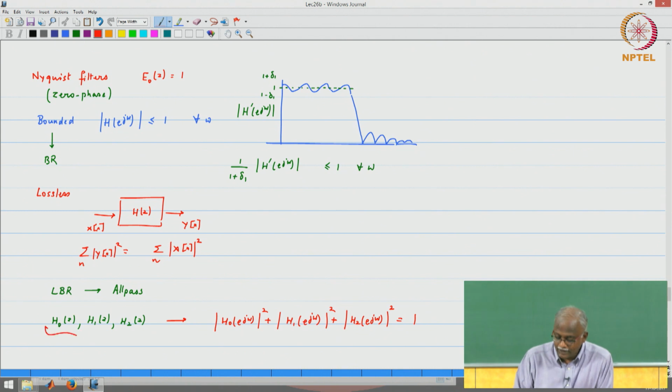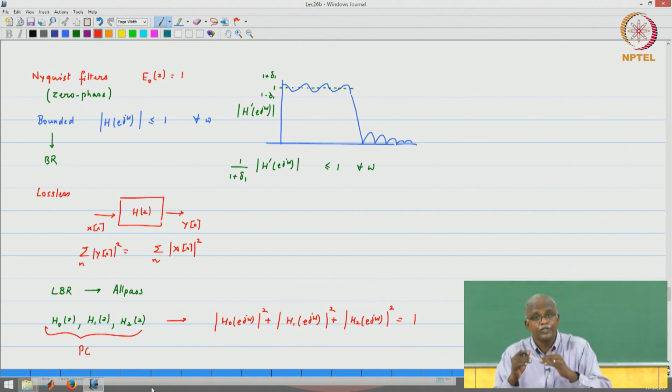Then this set is said to be power complementary. That means wherever one of them is large, the other ones will have to be small, so that they add up to the constant value. And again, this is a very interesting observation that we can make.